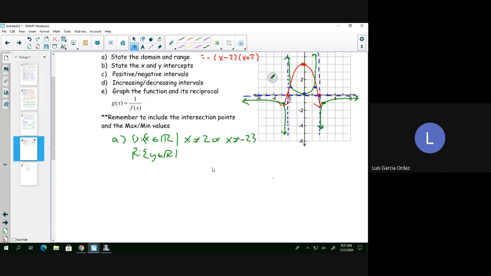Yep. So do we have any X-intercepts in our reciprocal? None. And what is our Y-intercept? 0 and 1 over 4. Yep, which is just the reciprocal of f of x.